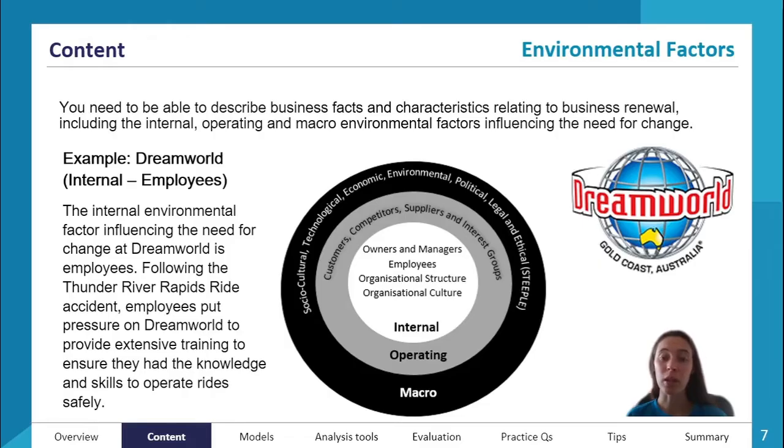You could also relate it to things like legal. So they may have been actually required by law to make some changes because of the practices not being up to standard, for example. So definitely very interrelated, but you can see how some are more relevant than others for different types of examples too.